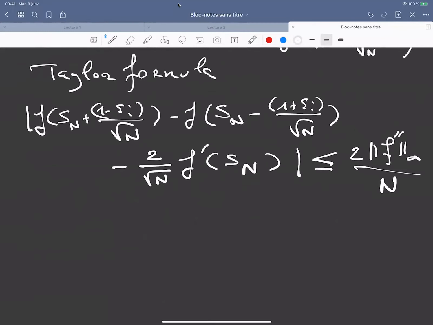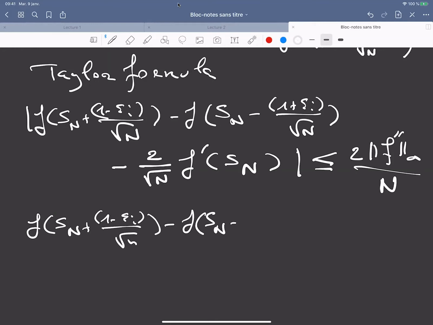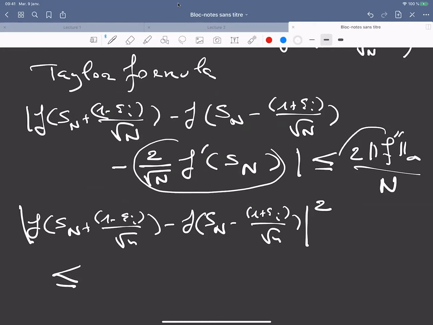And afterwards, you take the square of the quantities that you have to bound, that is the difference between f at this point and f at the other point, which is minus 1 plus epsilon I over square root of n. You take the square. So we had the absolute values, we take the square. And of course, this is less than the sum of two squares, the square of this guy here and of this guy here.